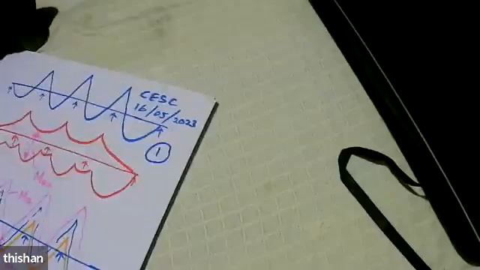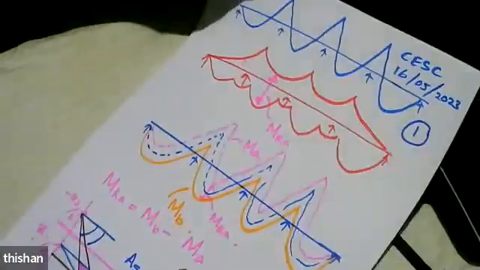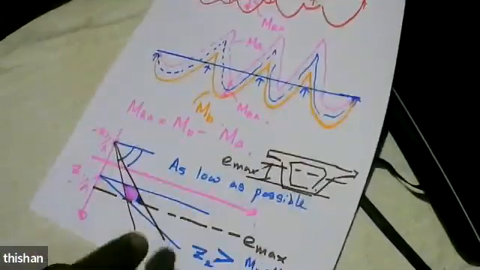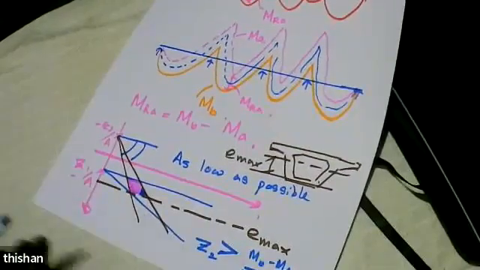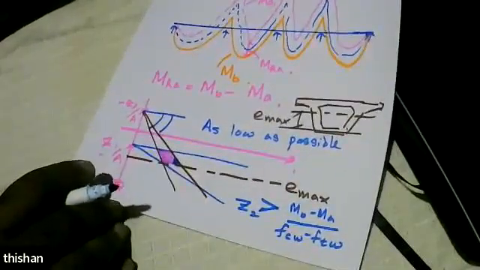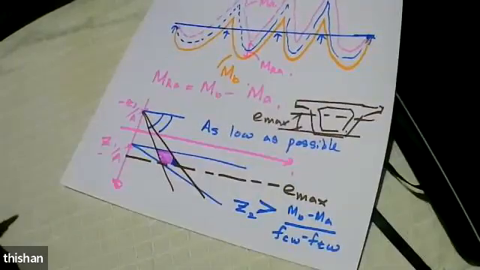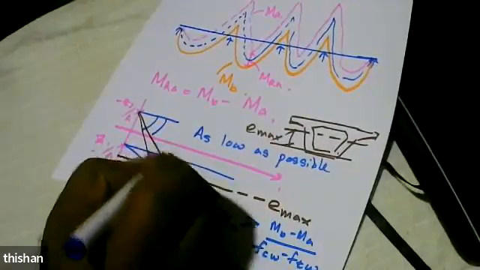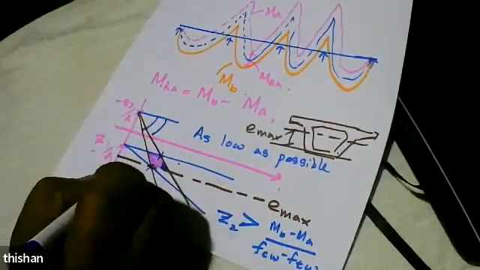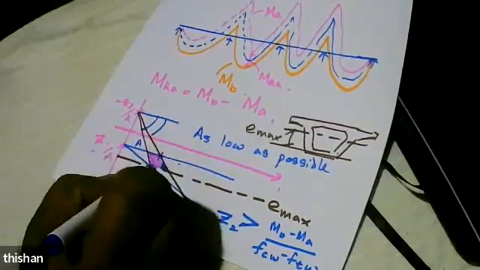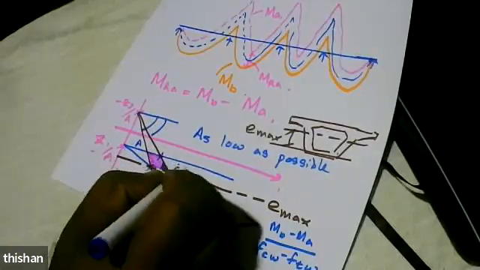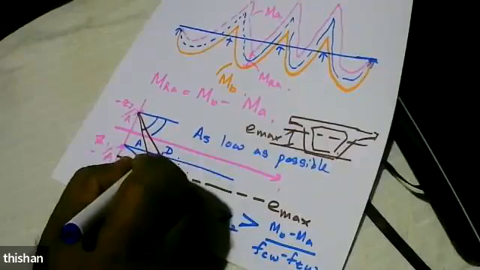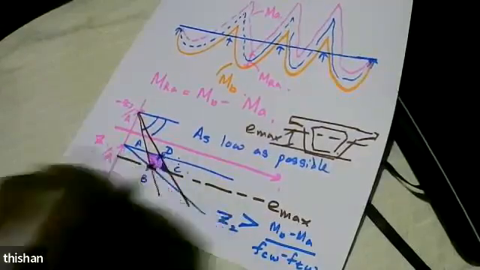So that's a summary of what we learned last time. We went up to the Magnel diagram, derived the equations, and then derived these conditions. I also said these two points will be unique. We call them A, B, C, D. These points B and D will be unique.